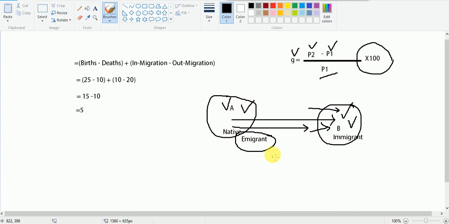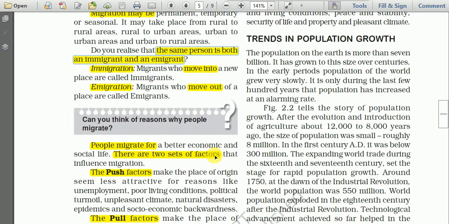See, the same person will be an emigrant from country A, and will become an immigrant in country B. So that is the point mentioned here. The same person is both an emigrant and an immigrant.